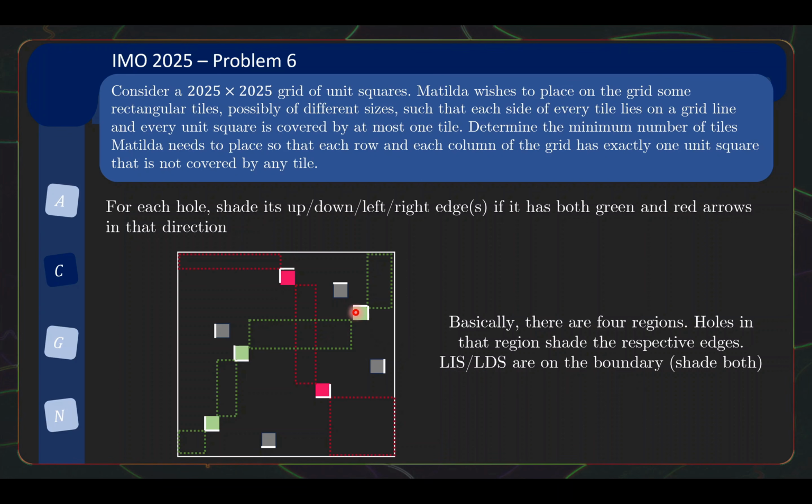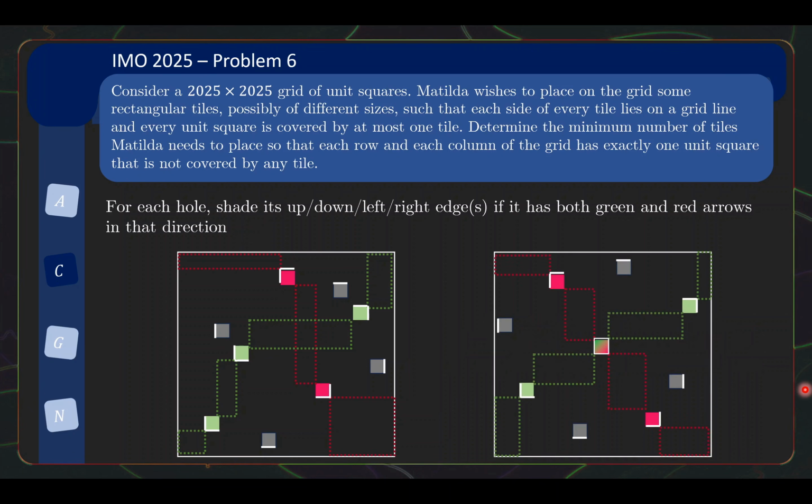For example, this green hole over here will have its up and right edges shaded because it is at the boundary of the up and right region. Of course, my arrow notation is just a way to be very precise in defining the regions and what is meant by on the boundary. But intuitively, this is what I'm trying to achieve. So hopefully you understand how the edges are shaded.